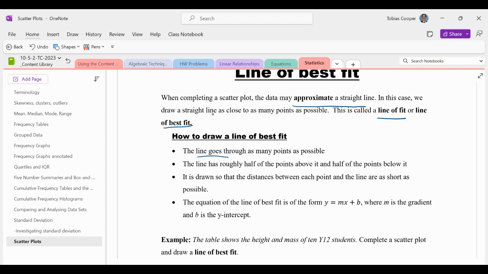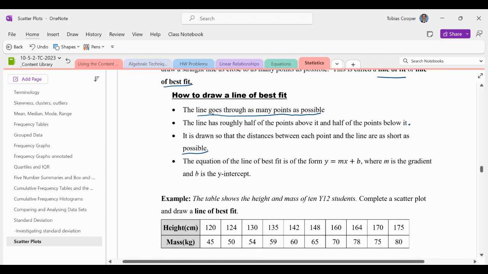Well, the line goes through as many points as possible. The line has roughly half of the points above and half the points below it. And it is drawn so that the distances between each point and the line are as short as possible. Okay. Now the equation of the line of best fit is in this form: y equals mx plus b. M is the gradient and b is the y-intercept.